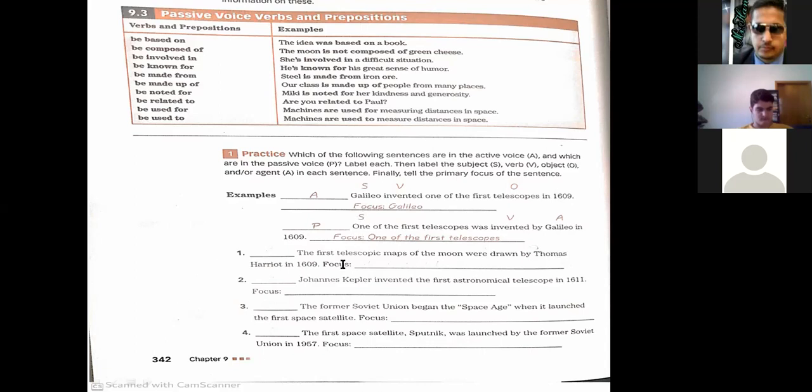Read number one. Number one: the first telescopic maps of the moon were drawn by Thomas Harriot in 1609. Where's the subject here? The subject is the first telescopic maps. This one again, I write with you. This one is what? Passive. Sorry, I use the pen.